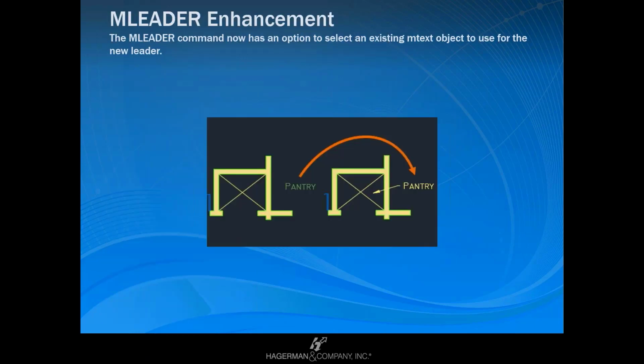MLEADER enhancement. This one's kind of funny. I don't usually do this. I'm going to point this out, but it doesn't quite work yet, as you're going to see. Hopefully they'll have a new update for us with the software where it'll be built in, but there's supposed to be a new option when you're creating your multi-leader, and that is to be able to pick on a piece of text.